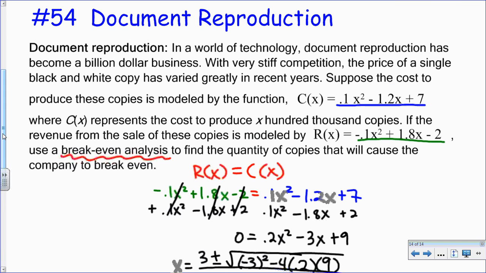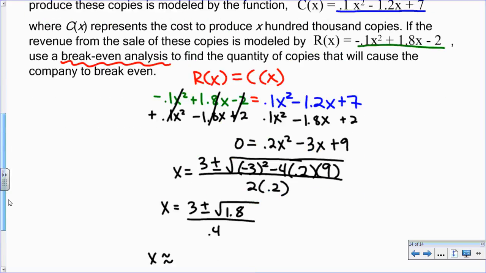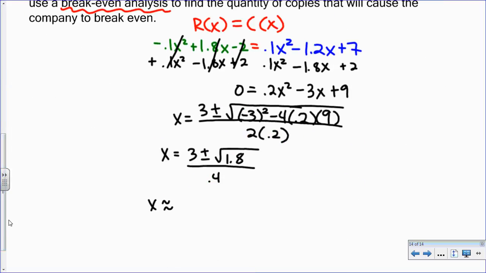So this says copies, let's see, that's 100,000 copies. So how many zeros are in 100,000? 5. So when I write my answer, it's like saying 5 zeros after that. So I'm going to move my decimal place 5 places. So let's round to 5 decimal places. Okay.